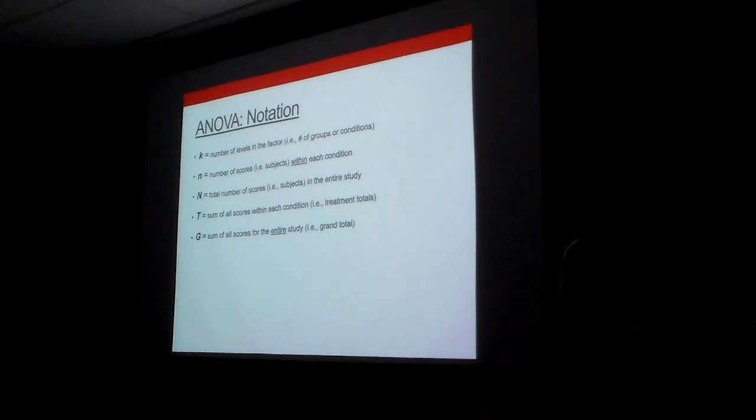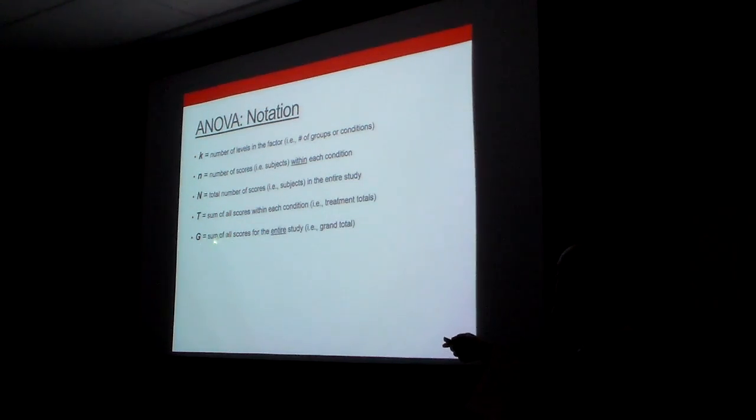Small n is going to be the number of scores within any condition. In a balanced design, we have the same number of people at each level, but that's not always going to be the case. Big N is our total number of scores in the entire study. Capital T is the sum of all scores within a condition.